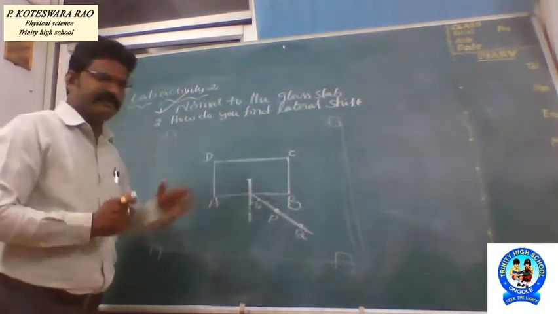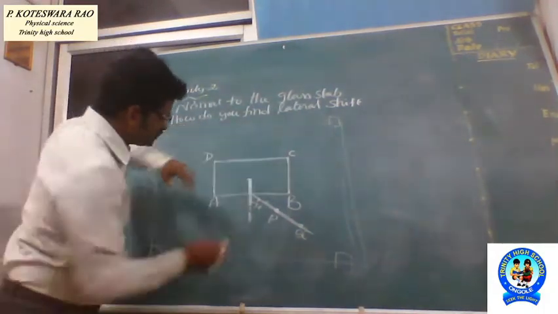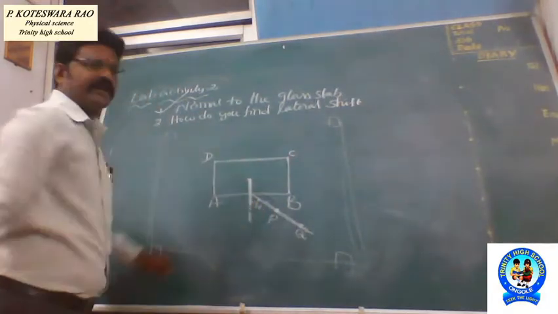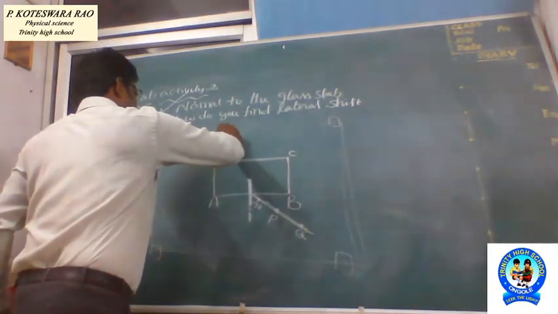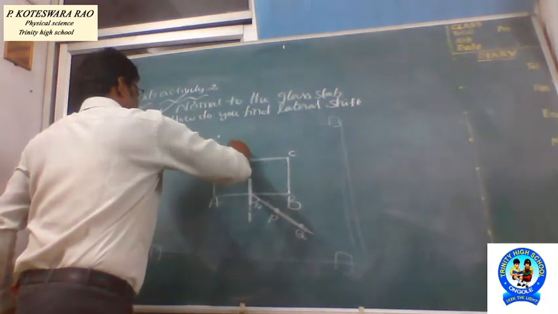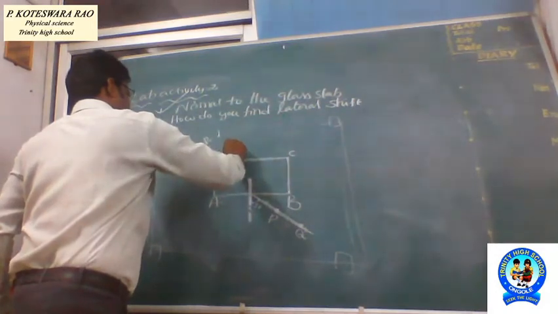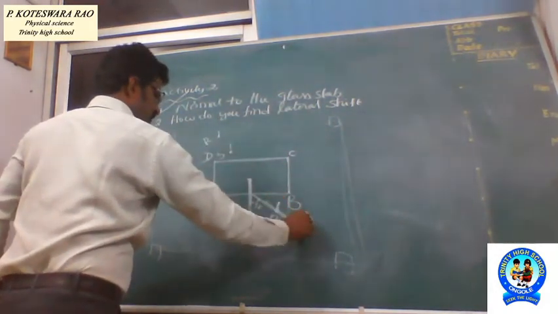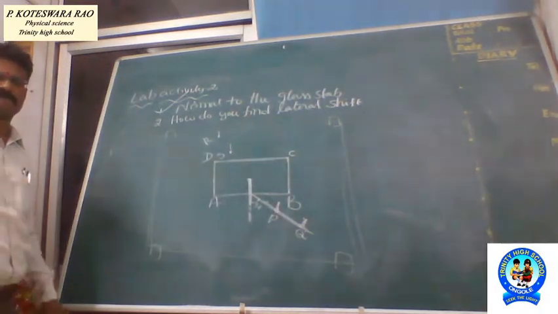Looking through this glass slab, we can observe the images of P and Q on the top side, and at that place we fix two more pins. This is the first pin and this is the second pin.